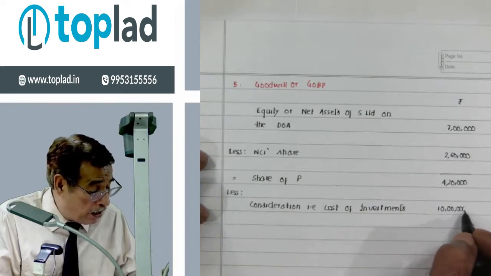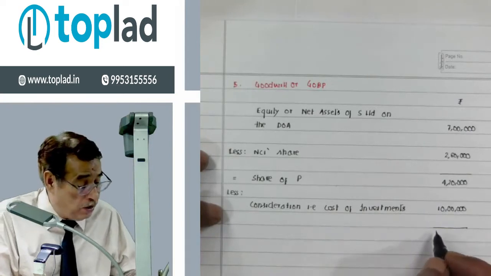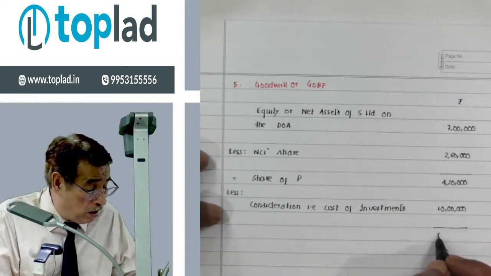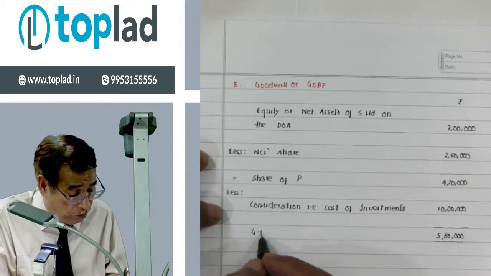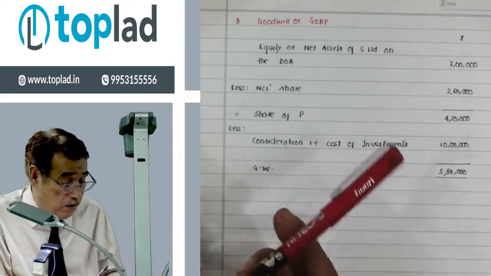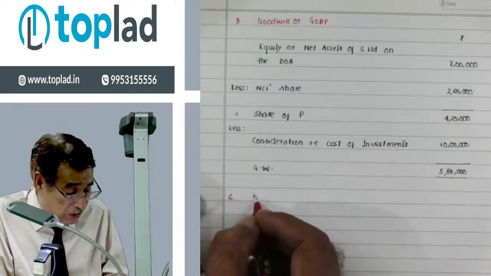So this time, as you can see, again your amount of consideration is higher in comparison to the share of parent's net assets. So again there will be goodwill, and most of the time we shall have goodwill only. So the amount of goodwill will be 5,80,000. Very simple, correct?